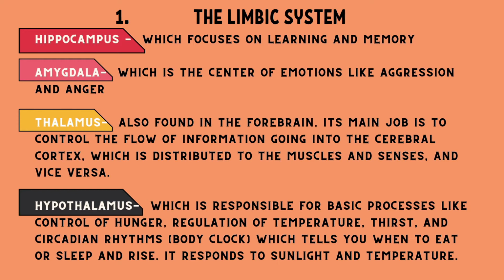The second one is the amygdala. Each amygdala is located close to the hippocampus in the frontal portion of the temporal lobe. Your amygdalae are essential to your ability to feel certain emotions and to perceive them in other people. This includes fear and the many changes that it causes in the body, and it is the center of emotions like aggression and anger.